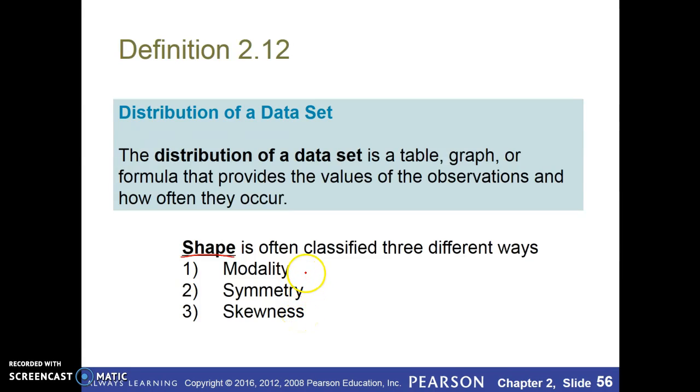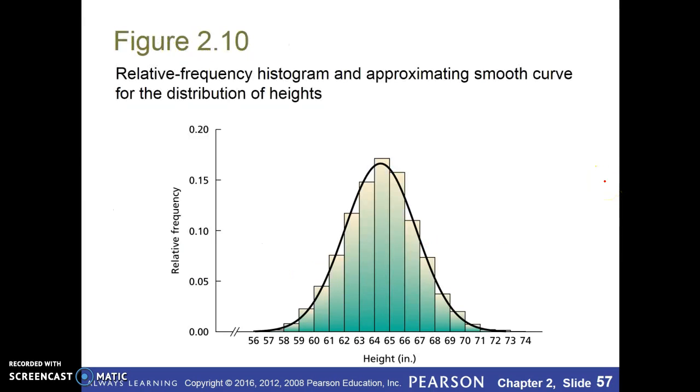And when we talk about modality, well, we'll get to that here in a second. This is an example. So if we take everybody's height and do a histogram of everybody's height, this is how many inches tall somebody is. 5 feet is 60 inches, so this would be someone who's 5 feet tall right here. And then 6 feet would be 72 inches, which would be up here.